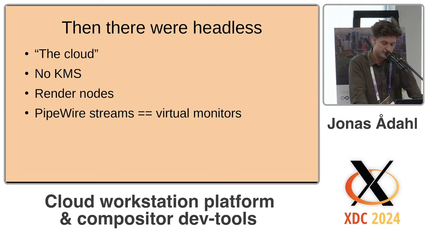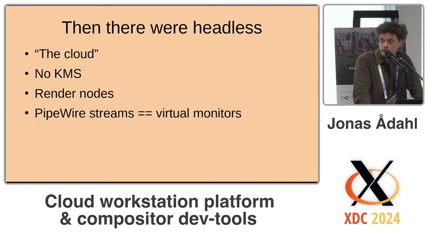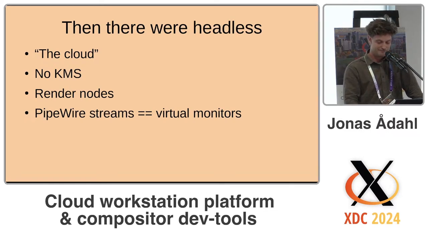In our case, it's an EGL context with the GBM platform, and then use one PipeWire stream and make that a virtual monitor. So when you create a stream, you create a monitor, and when you remove a stream, you remove a monitor, and you can have your virtual cloud machine with all the streams and all the good stuff.